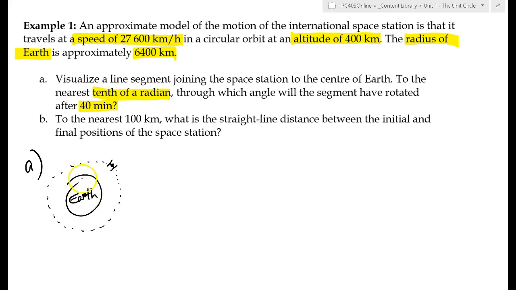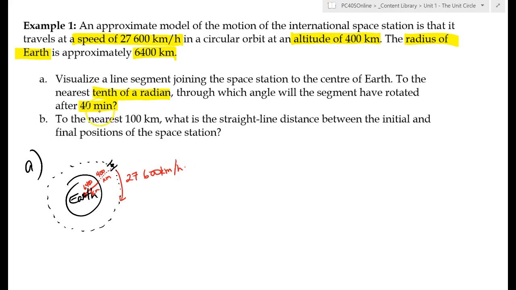From the center of Earth to here is 6,400 kilometers. Then we have an additional distance of 400 kilometers. And it's traveling around Earth at 27,600 kilometers per hour.